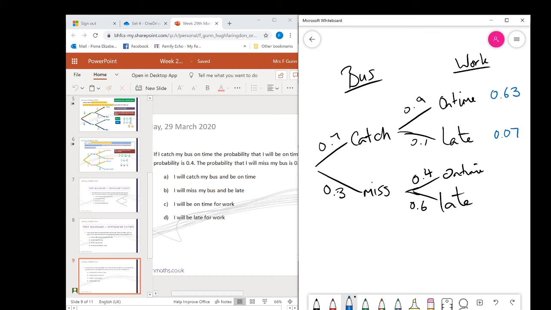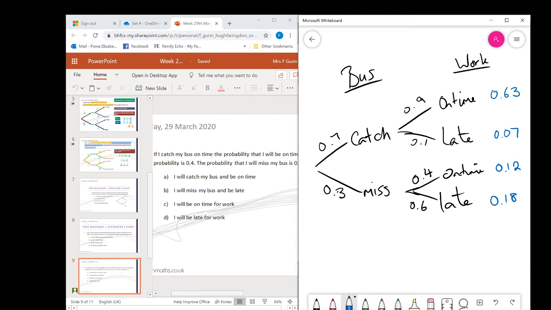Remembering when you are multiplying with decimals, I go 7 nines are 63, and then I've got 2 decimal places in my question, so I have to have 2 in my answer. 3 times 4 is 12, so that's 0.12. And 3 times 6 is 18, so 0.18. Again, you can do a quick check, they should add up to 1.